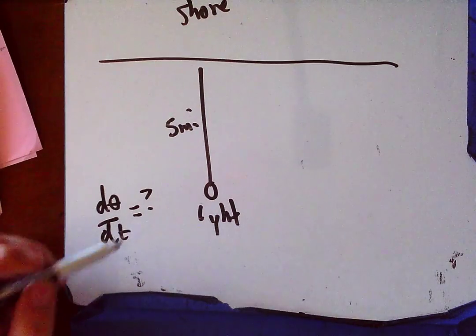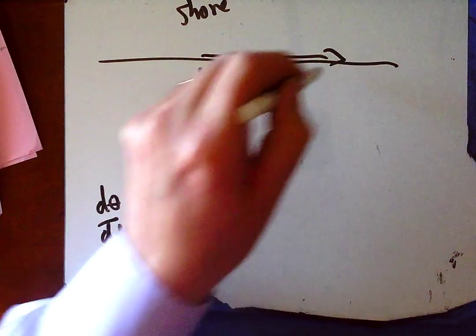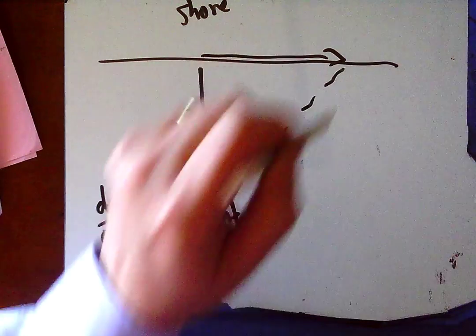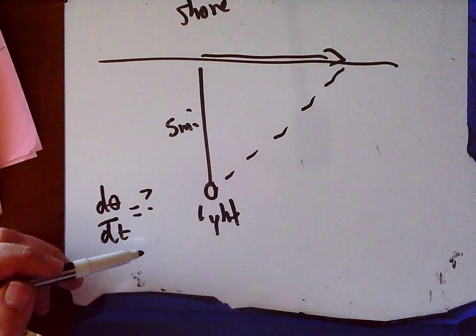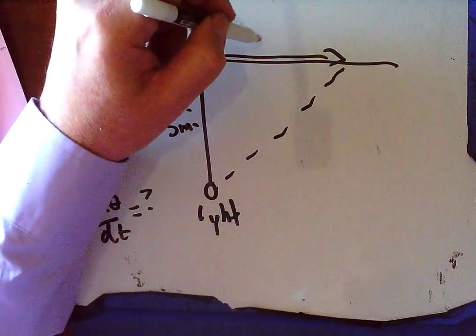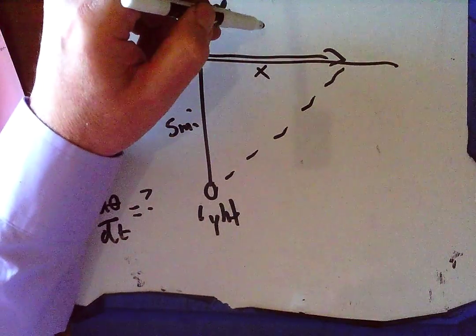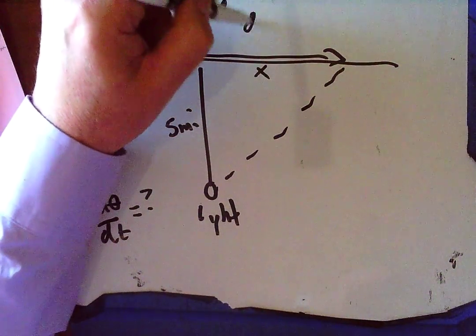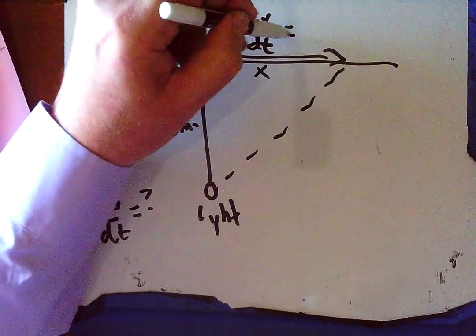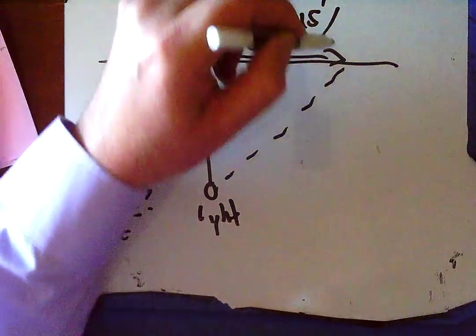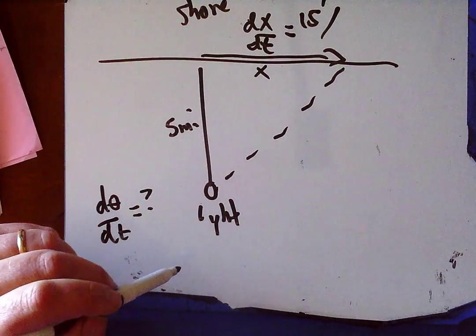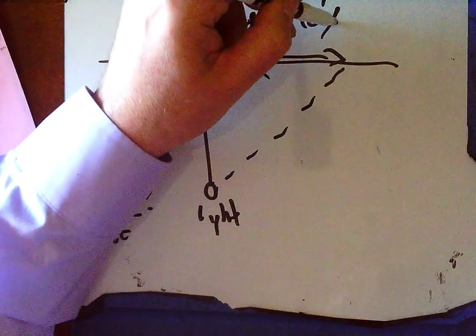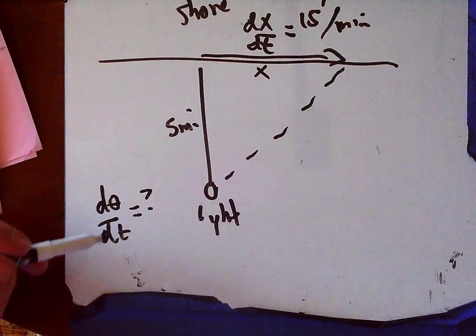If the spot of light moves along the shore at a rate of 15 miles per minute, and this distance is x, I can say that dx dt is 15 miles per minute. That's a little more believable.